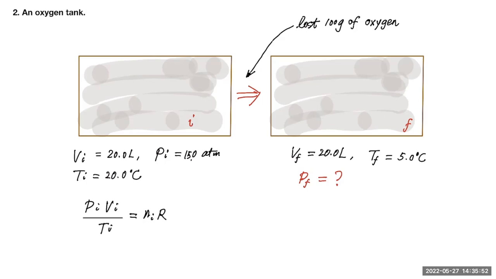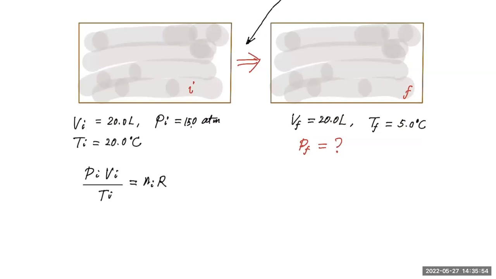Similarly, for the final state, I have P final V final over T final equals N final R. Now I know T final, 5 degrees Celsius, which you can convert to Kelvin. I know V final, and V final is the same as V initial.